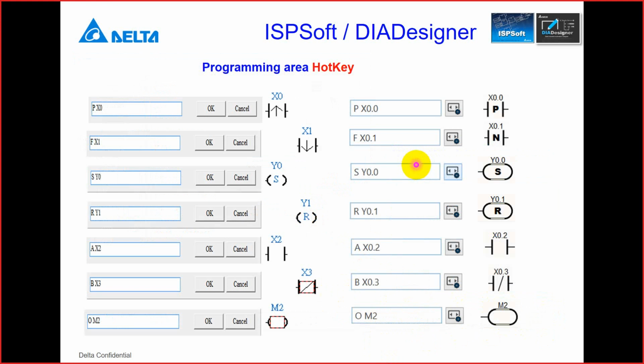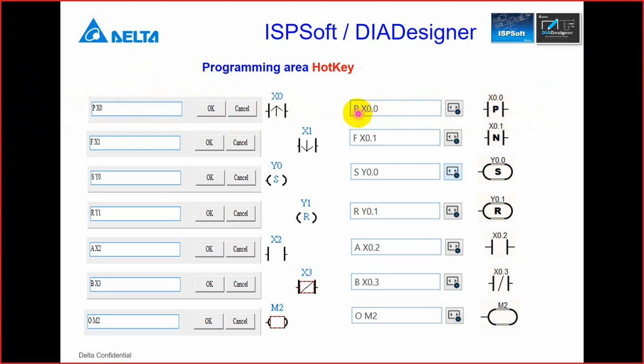Okay, this page will show the hotkeys for both ISP and DI Designer. No matter which software, actually the same meaning. For example, this one is for DVP because of X0, right?